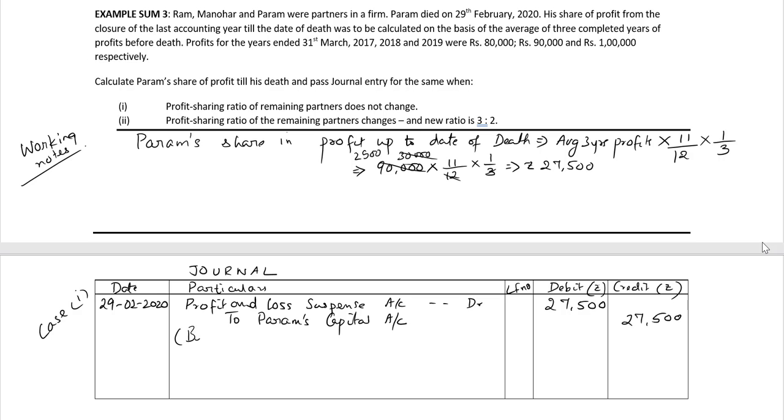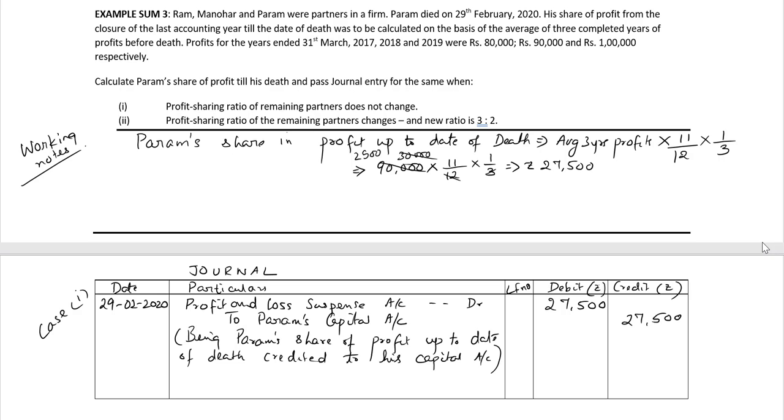Narration being Param's share of profit up to date of death credited to his capital account. So this is the answer for the first case.